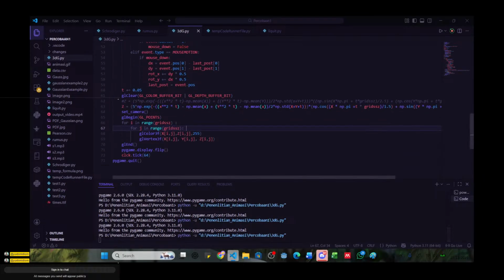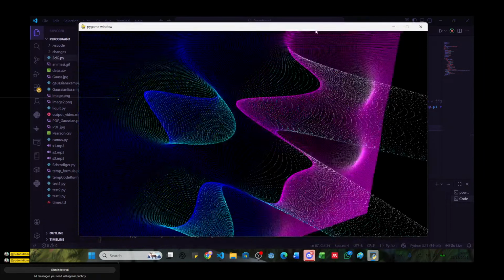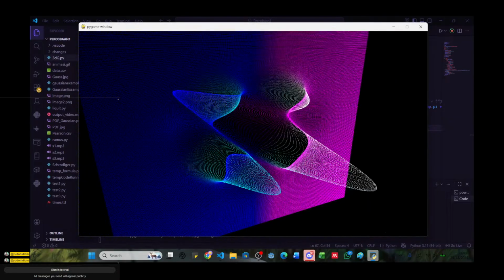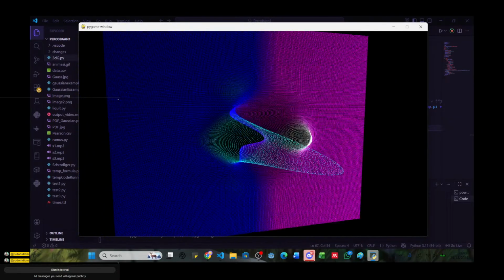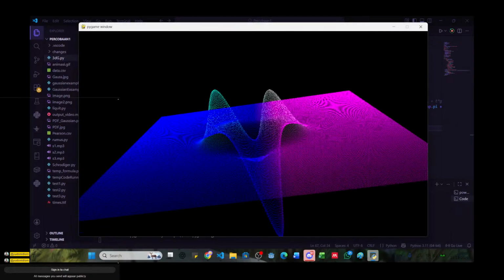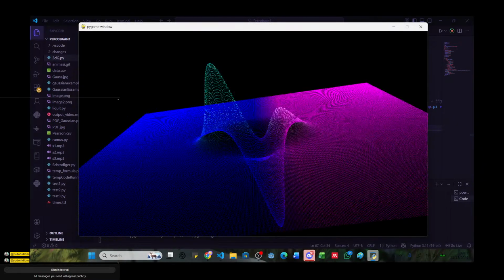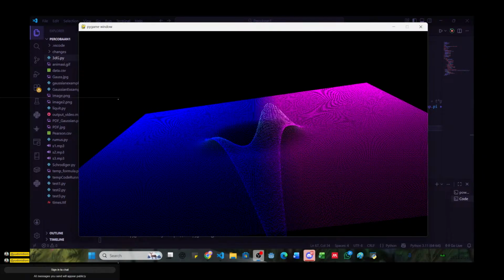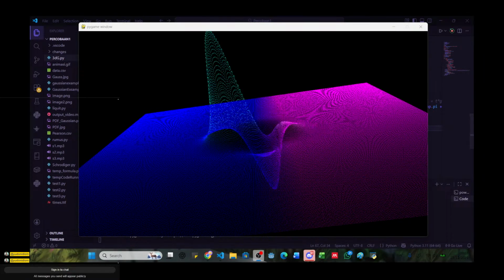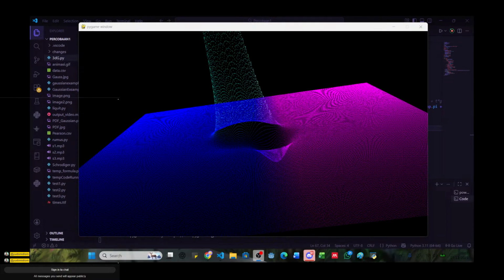Let's see again. Oh wait, here we go. This becomes normal. Okay, let's make it a normal wave packet here. And here we go. This is the Gaussian wave packet.